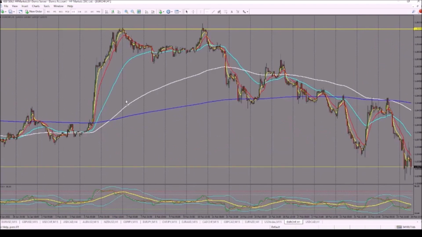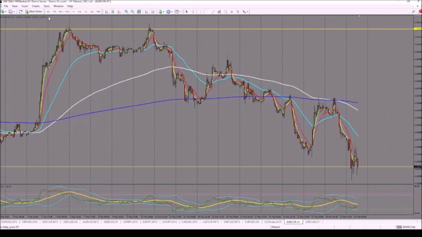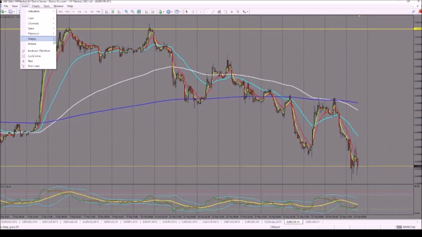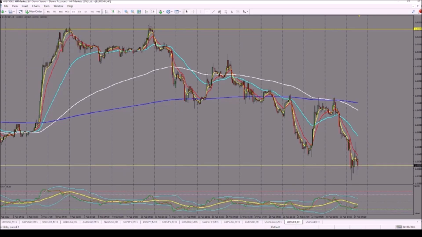Then another example is on Euro against CHF. In this case, we are going to count levels using these EMAs as well. So the first thing that we can see is we had a flow where we had a 13/50 EMA crossover.